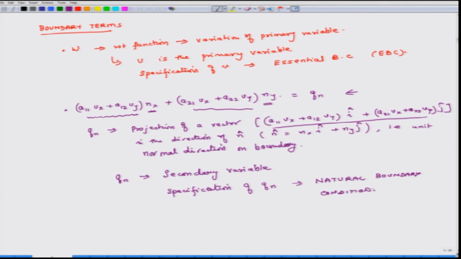Okay. So, this is what it means. I have two boundary conditions. One involves the primary variable which is u, and if I specify it then I say that I am specifying EBC or essential boundary condition, or I specify qn which involves natural boundary conditions.